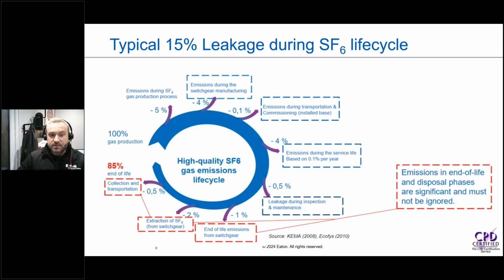Then you have 0.5% during inspection and maintenance, and at end of life there's a further 1% from the switchgear, and then 2% from the extraction and recovery of the SF6 from the switchgear, and 0% during the collection and transport of that at the end of life of the switchgear, which has a significant impact based on larger systems as well.